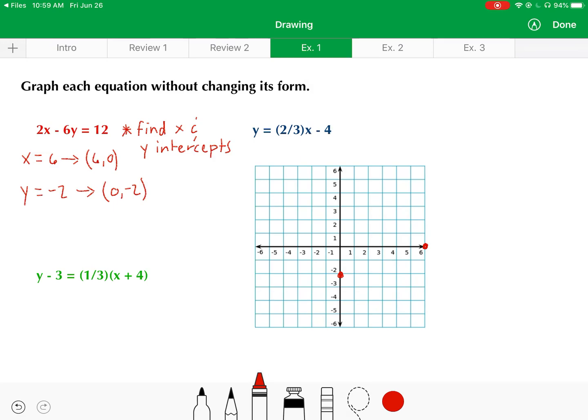I could find some more points on the line if I recognize that the slope from the 2 points I have plotted so far is up 2 and right 6, which 2 over 6 reduces to 1/3. So I could use that to get some more points in there and connect them all to make my line.